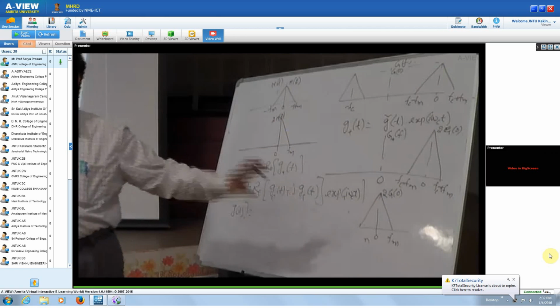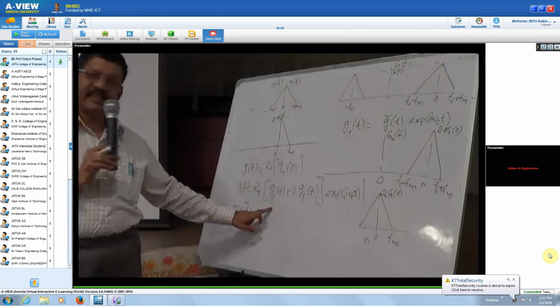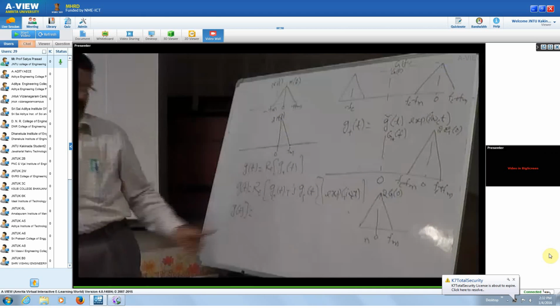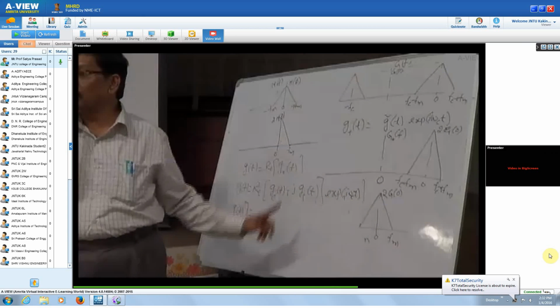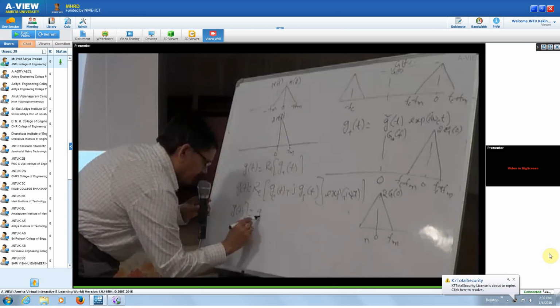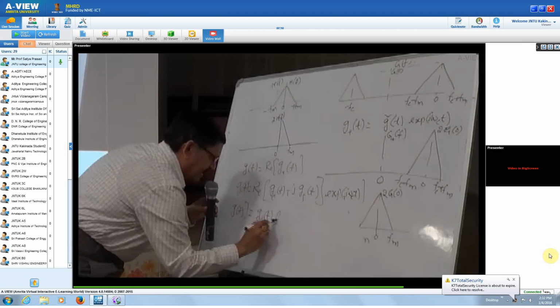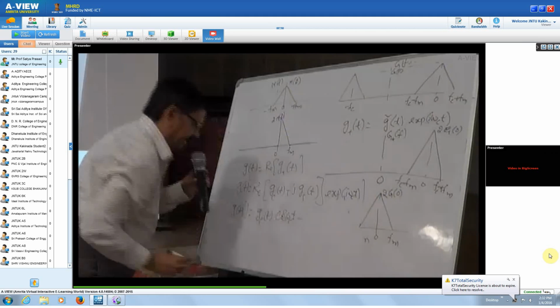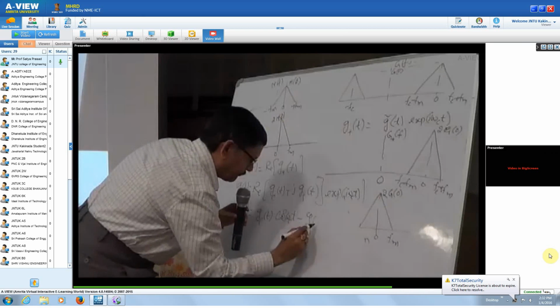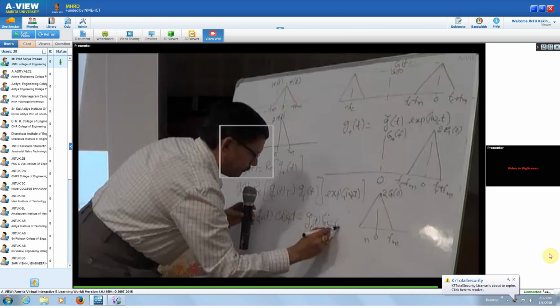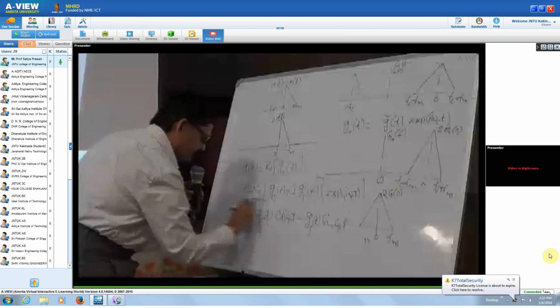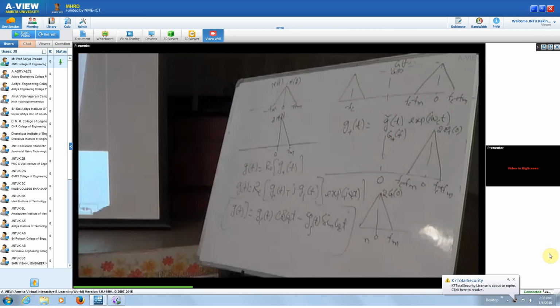And what do we want? Real part only. So Gc of t into cos omega ct corresponds to the real part, and j times j sin omega ct gives minus. Therefore, this will be equal to Gc of t cos omega ct minus Gs of t into sin omega ct. This is our required G of t for the band pass signal.